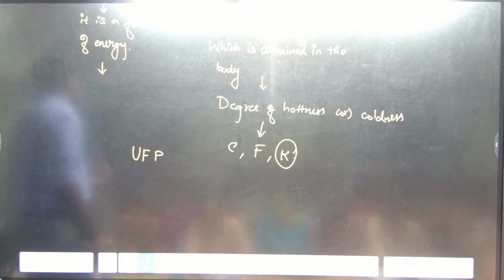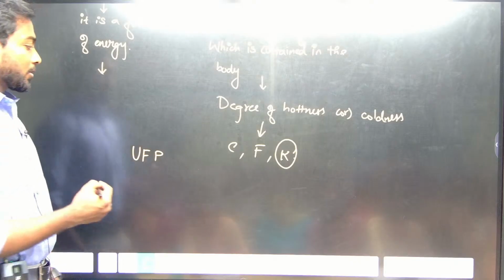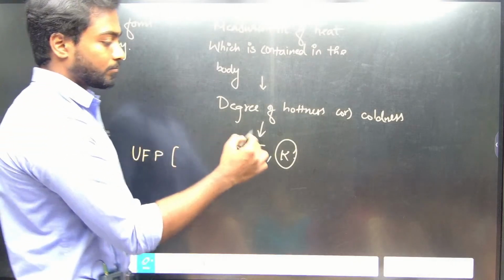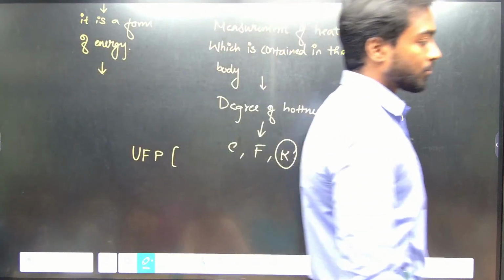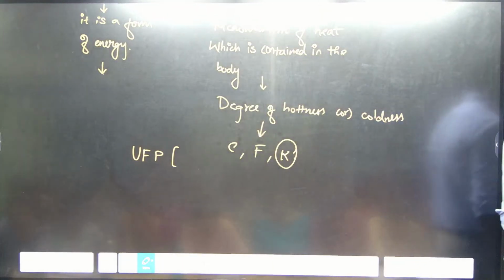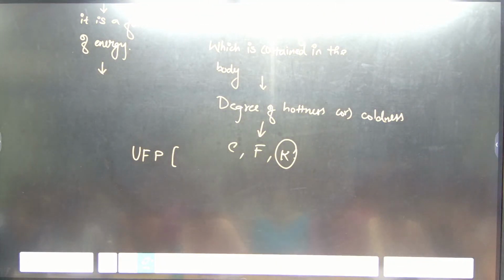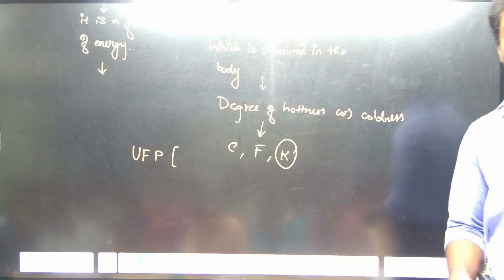In brackets you can take down, it's the boiling point of the water. The next one is the lower fixed point, LFP.